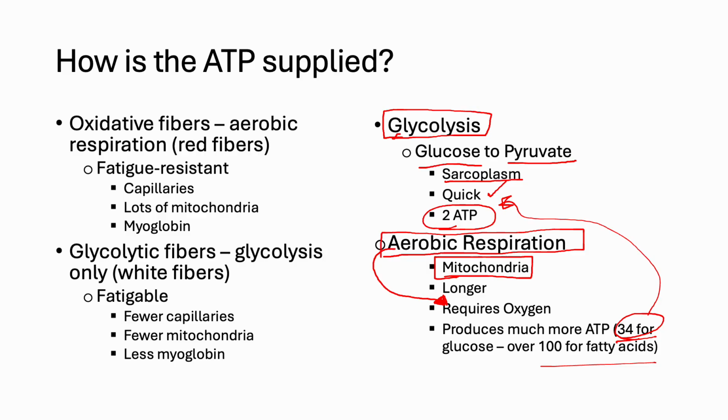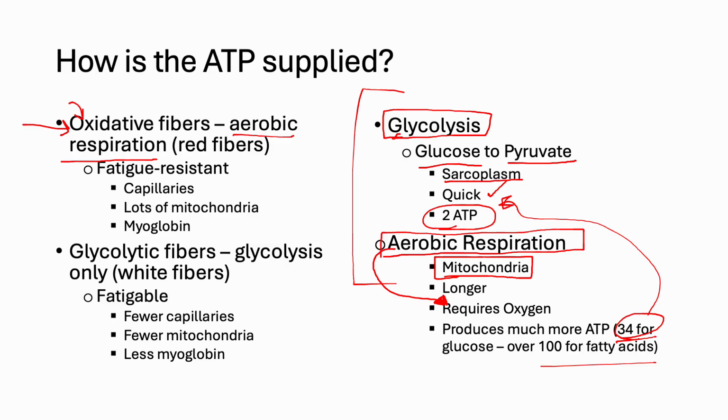Now that you know there are different ways ATP can be generated, let's look at the types of muscle fibers that exist. We have oxidative fibers, so oxygen. We know that aerobic respiration requires oxygen, so these are those that produce ATP by aerobic respiration. These are sometimes called red fibers because they appear red under the microscope.